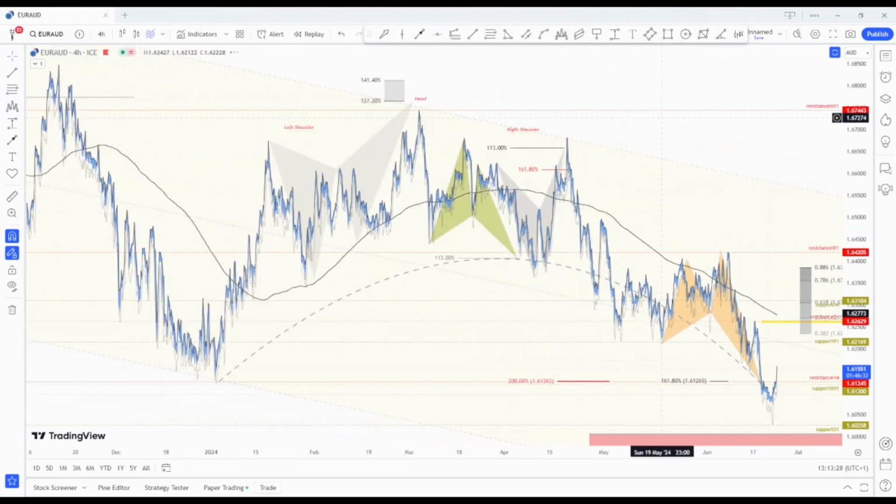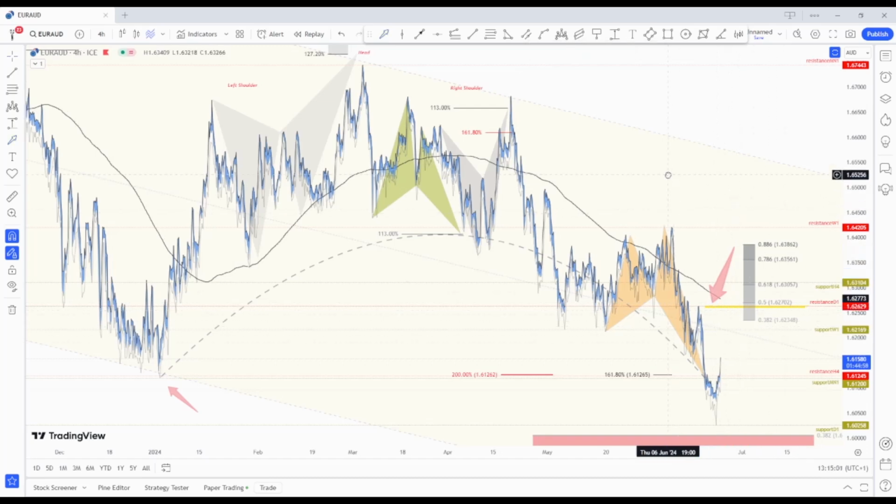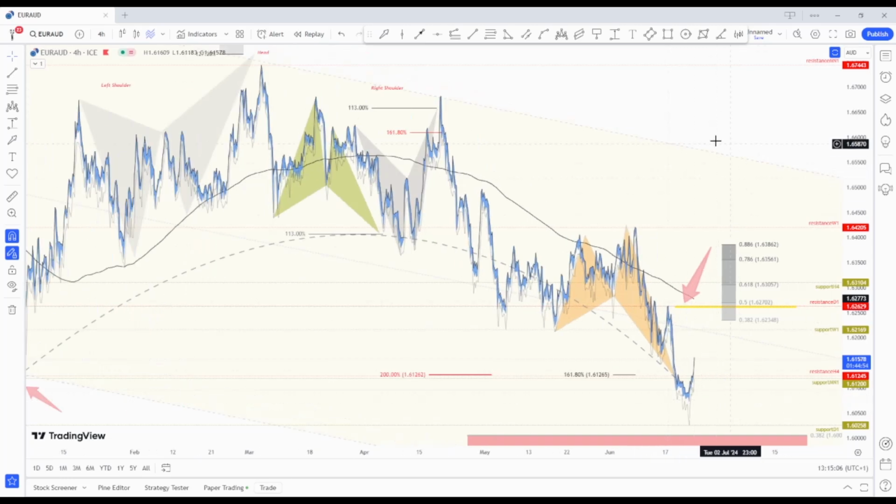The euro versus the Aussie, it threatened to break the monthly fractal support level positioned at 61.20, but we have a new fractal support at 60.25, so watch for a potential retest of this daily fractal resistance at 62.62, as reinforcing this barrier could turn this fractal into a neckline for the potential head and shoulders pattern formation.